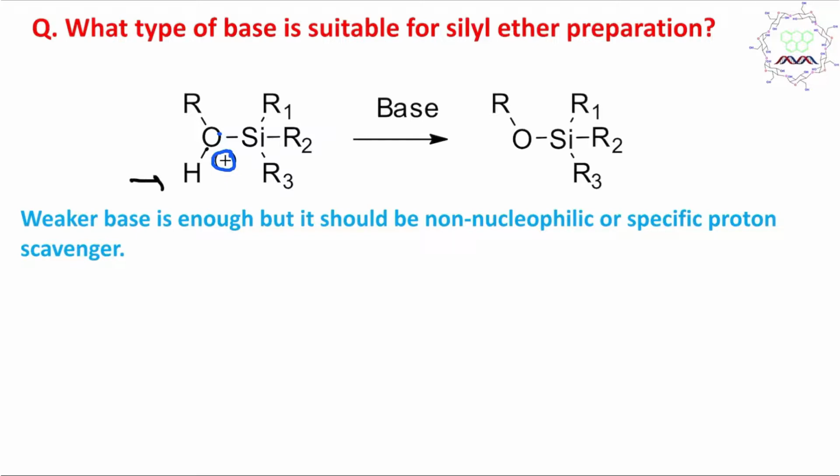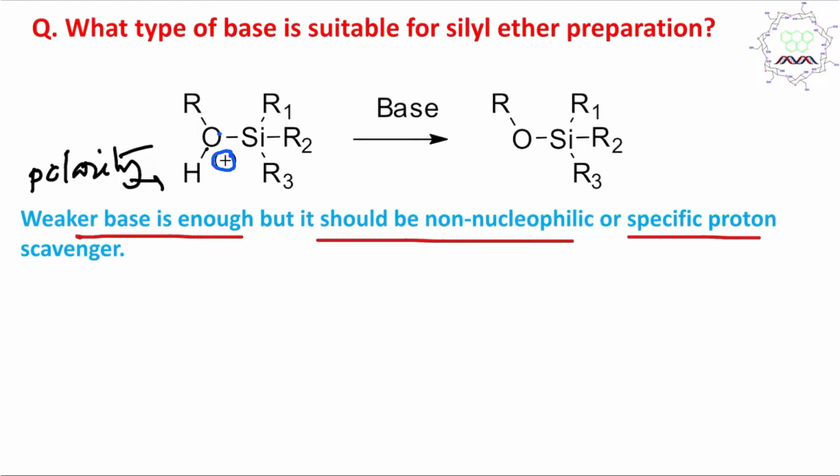So the polarity of this hydrogen is significantly higher. Here we can say a weaker base is enough, but it should be non-nucleophilic or a specific proton scavenger.